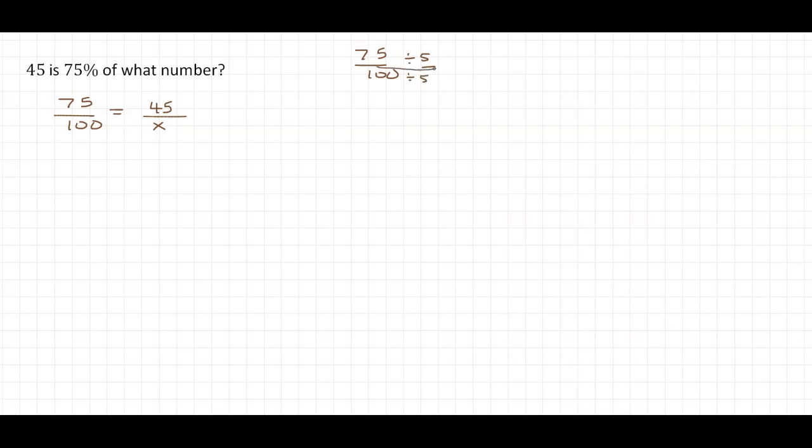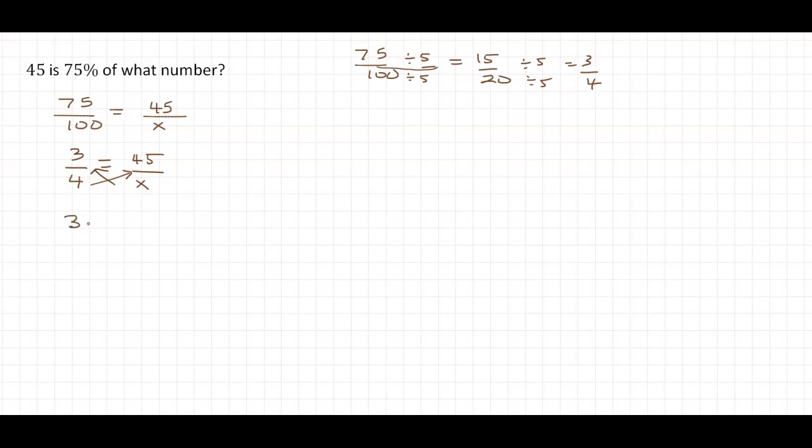We're going to divide both of them by 5. We have 15 over 20. We divide again by 5, and we have 3 over 4. So now we have 3 over 4 is equal to 45 over x. So we're going to apply our same cross product approach.